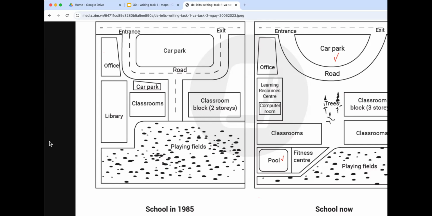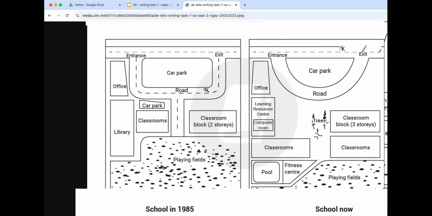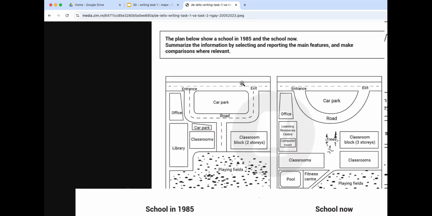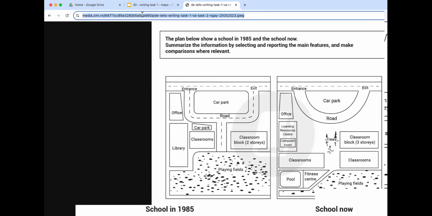Okay, yeah. Now let's write down the introduction and the overview. Okay, I will send you the link of the picture so that you can look more closely.